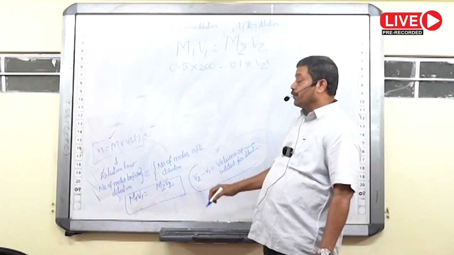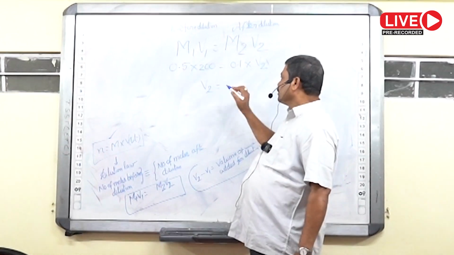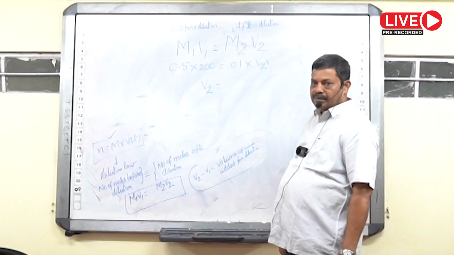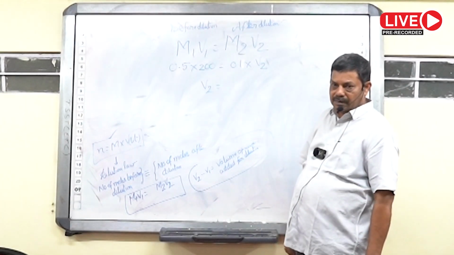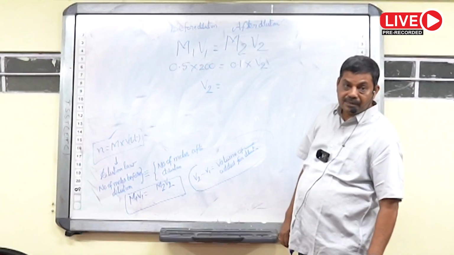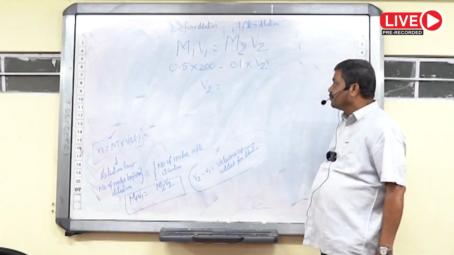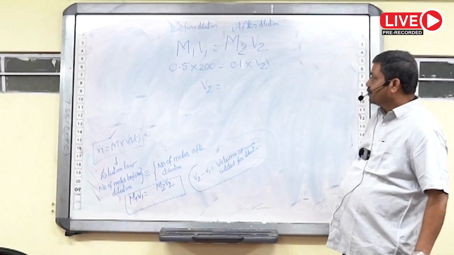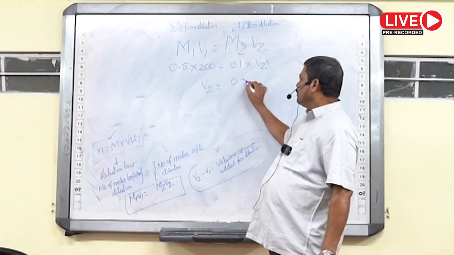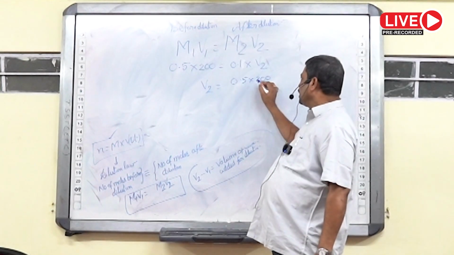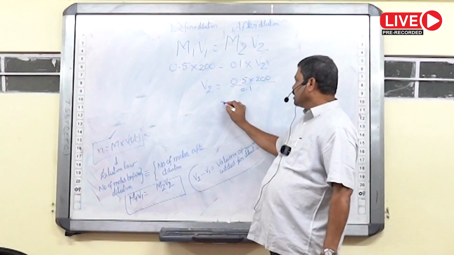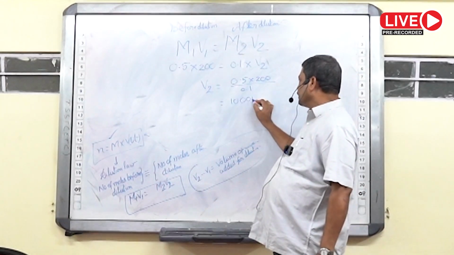First you find out V2. How much you got? V2 is 0.5 into 200 by 0.1. So this is 1000 ml.